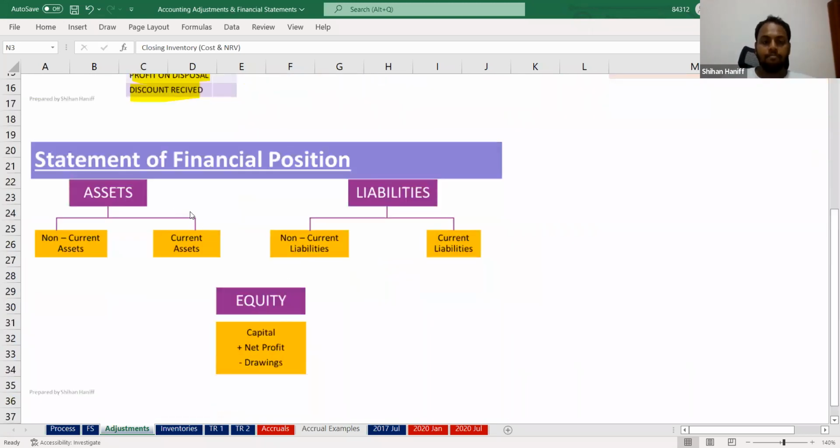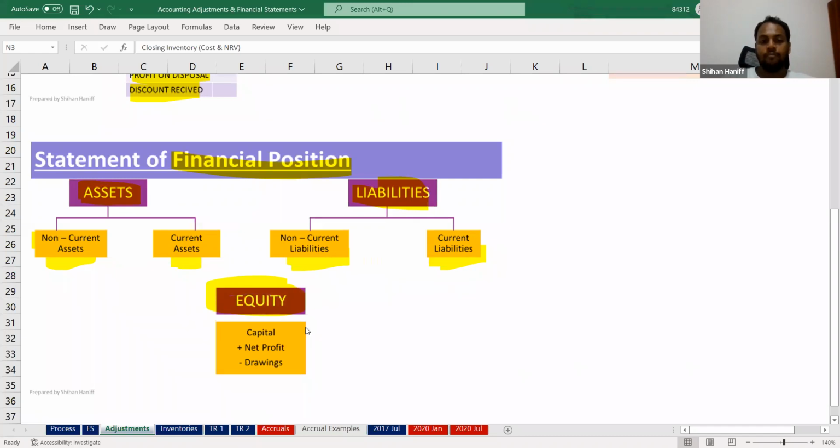And the balance sheet, the statement of financial position, you have assets and liabilities. Assets are divided into non-current assets and current assets, and liabilities into non-current liabilities and current liabilities.